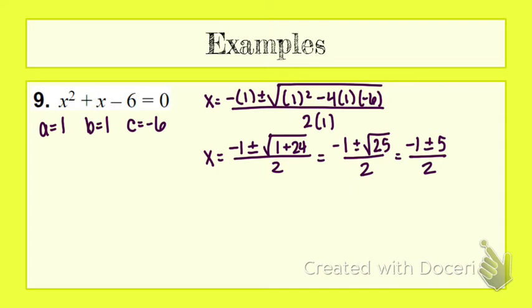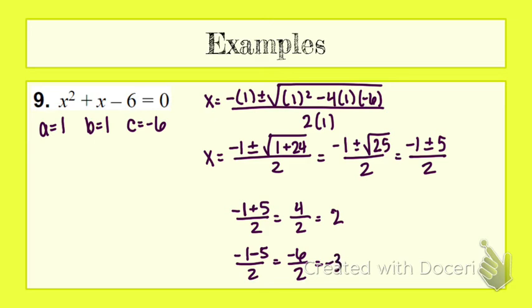Then break that down into two scenarios, negative 1 plus 5 divided by 2, and negative 1 minus 5 divided by 2. The first one gives us positive 4 over 2 equals 2. The second one gives us negative 6 over 2 equals negative 3. Our two values are 2 and negative 3.